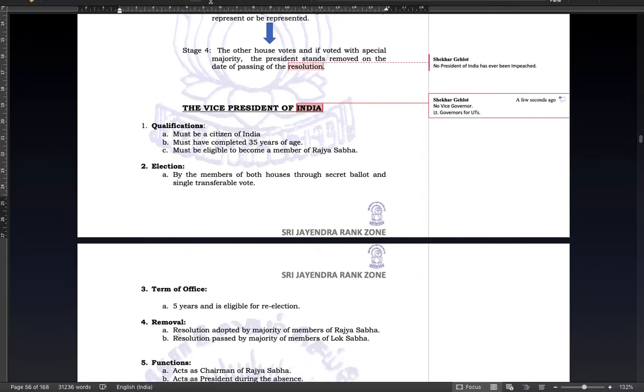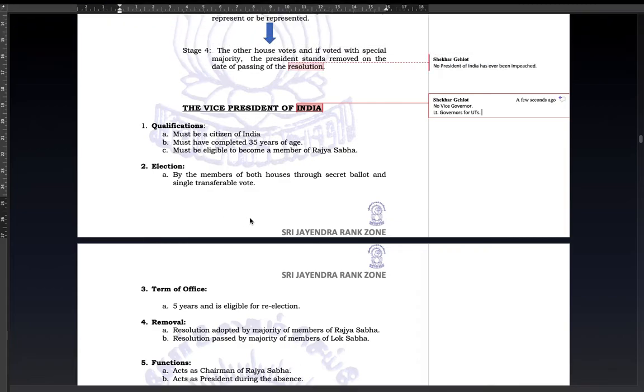Elections are by the members of both houses through a secret ballot and single transferable vote. In his election, the members of both houses, Lok Sabha and Rajya Sabha, will sit, and then they will cast one vote each, and whichever candidate wins will be elected as Vice President of India.